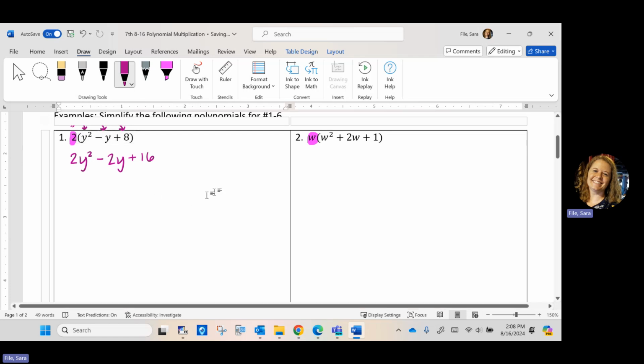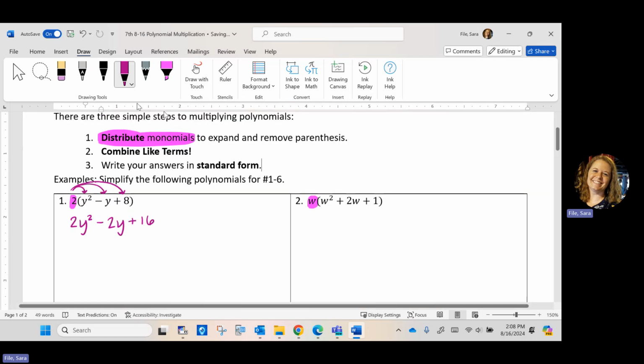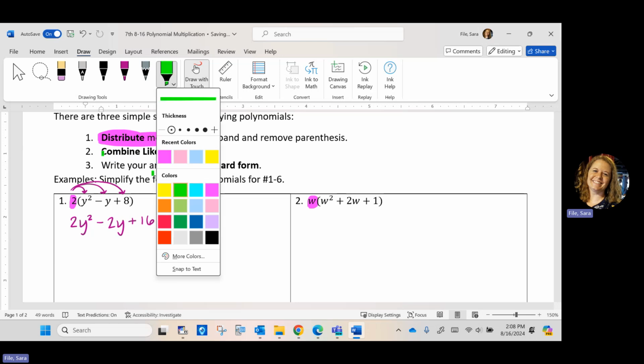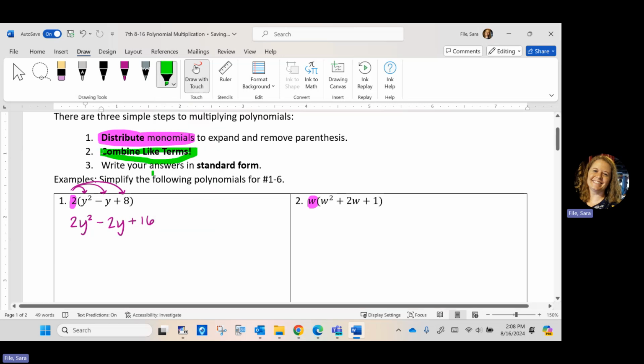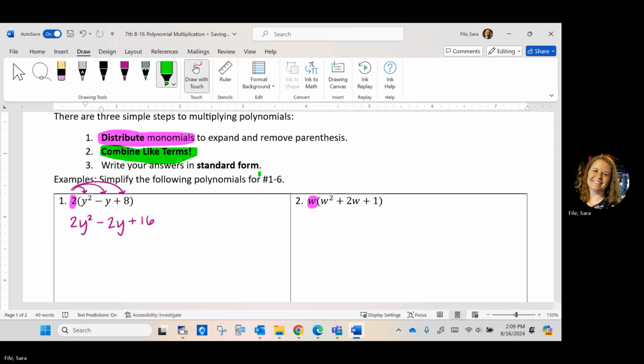Now, when we look at our steps, it says after you distribute, combine like terms. We were practicing combining like terms in the previous notes when we were adding and subtracting. Do you see any like terms here that can be combined? No. Why can't I combine this y squared term and this y term? They both have y. They are not the same degree. They don't have the same exponent.